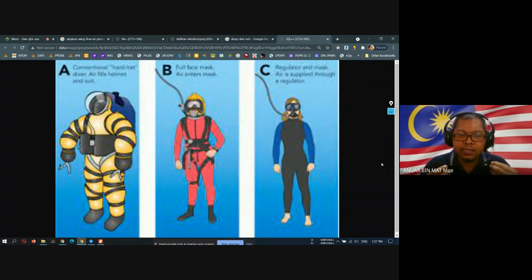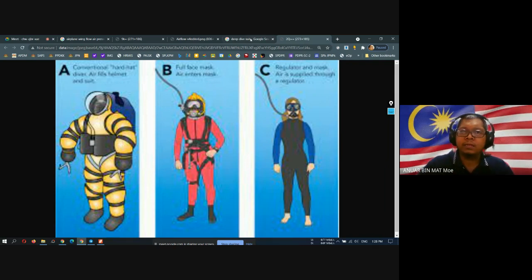They need to wear a special suit depending on the depth of the water they want to dive. For example, this is a very special suit. The diver can go very deep. I don't know how many meters it can go down, but you can Google it yourself. And then B is maybe the intermediate, the medium depth. And for the suit in C, not too deep, they can dive inside the water at a very shallow depth.